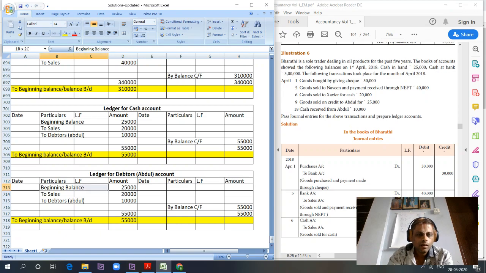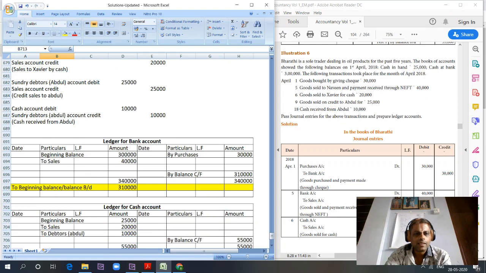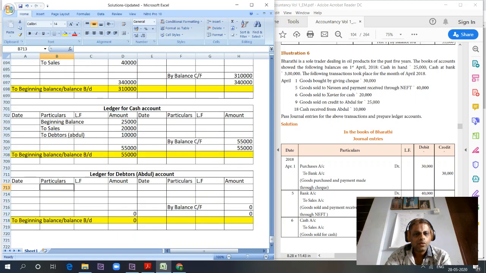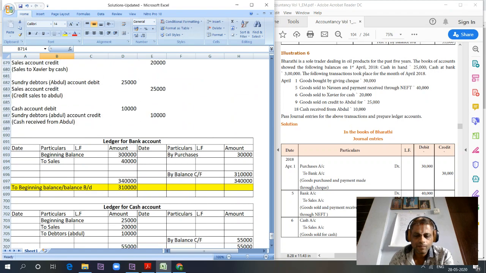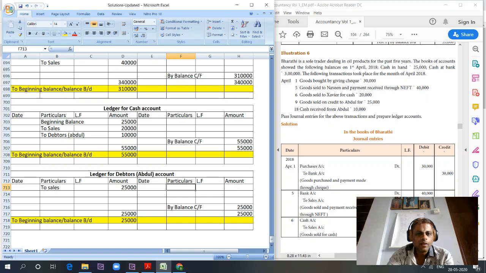There is no beginning balance here. So what are all the transactions in sundry debtors account? We have credit sale to Abdul, to sales 25,000. And then we have received cash from Abdul, 10,000.